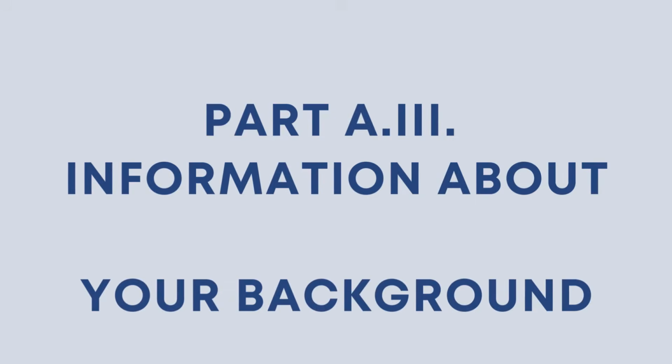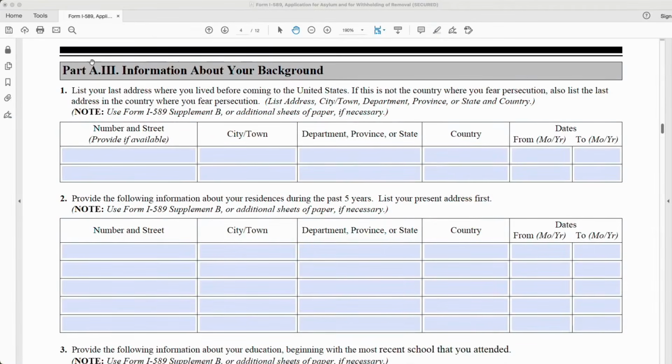Part A.III, Information about your background. Now, we will go to Part A.III. It asks for more information about your background. This section can take a long time to complete because it asks for specific dates, addresses, and names.